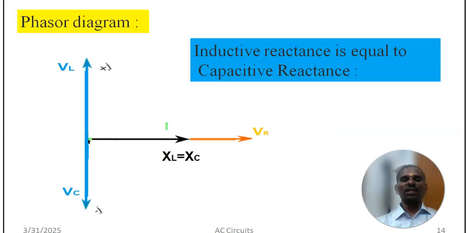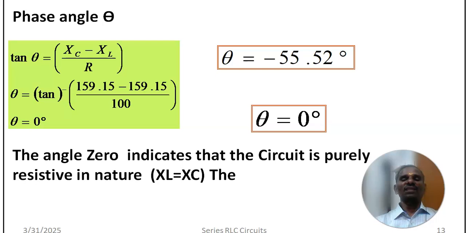Before it was minus 55.52, which was a predominantly capacitive network, but now theta is equal to 0, which is in phase with the current. The voltage and current phase angle are 0. So the angle 0 indicates the circuit is purely resistive in nature.